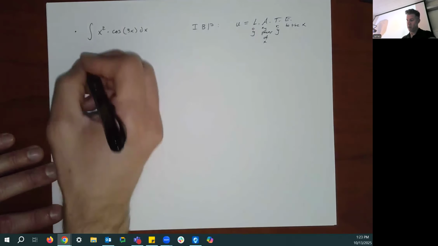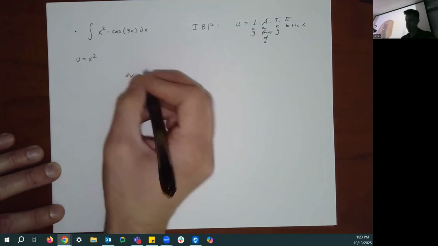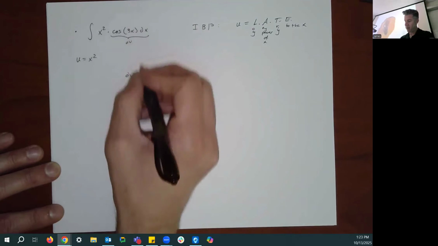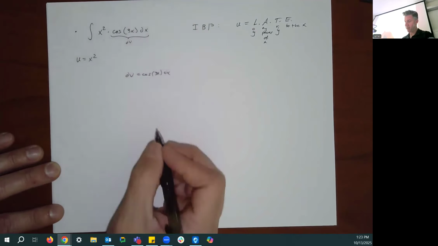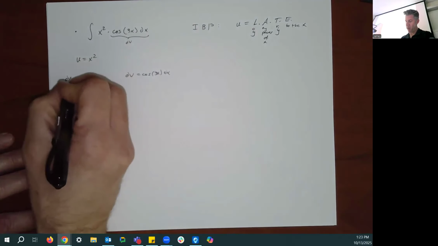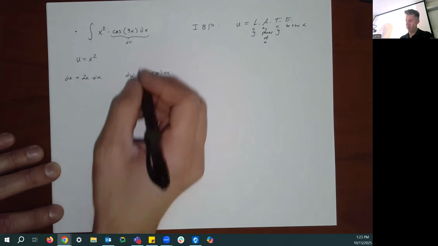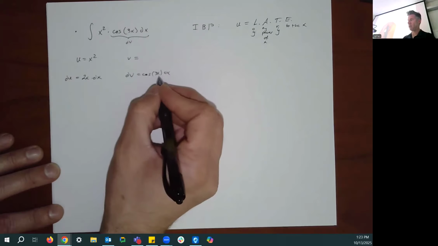So here we're going to let u equal x squared, and our dv, which is just everything left, has to be cosine of 3x dx. Our du is the derivative of x squared, which is 2x, and then we multiply by dx. And our v is the antiderivative of cosine of 3x.